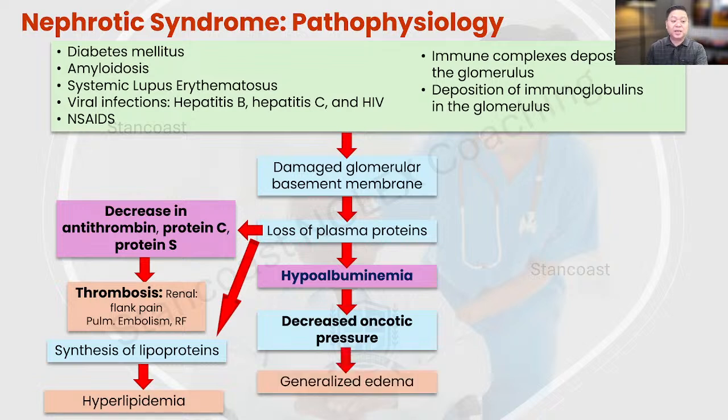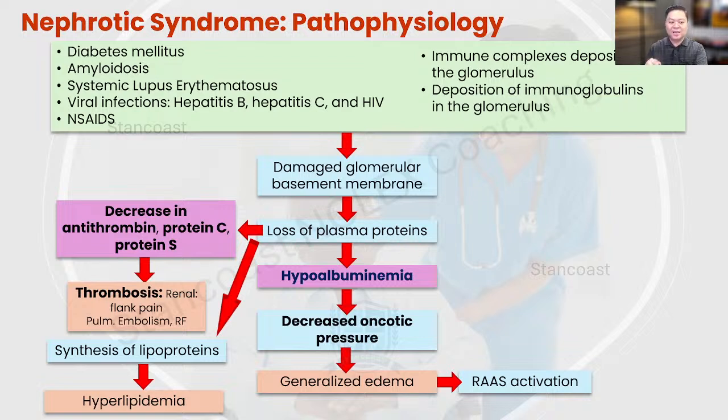And what's going to happen here? There will be generalized edema. The person will have what we call anasarca, and in turn, this will activate the RAS system. This is the renin-angiotensin-aldosterone system. Okay, so I want you to recall the lecture I gave you on the first day of the renal concepts.